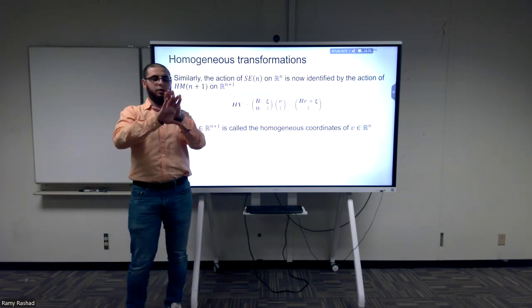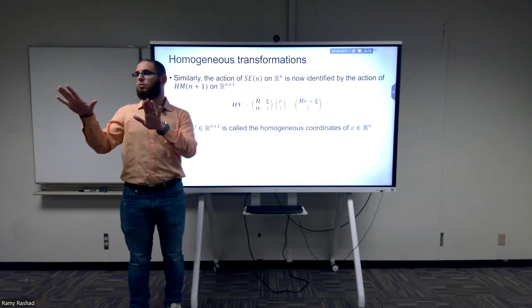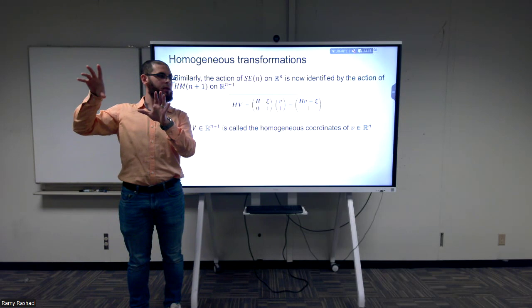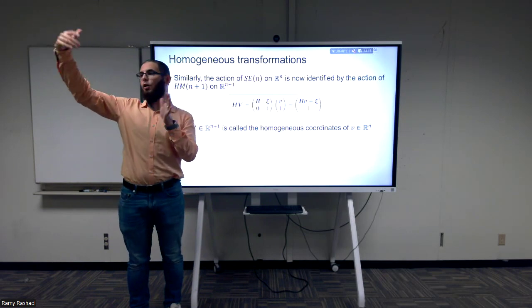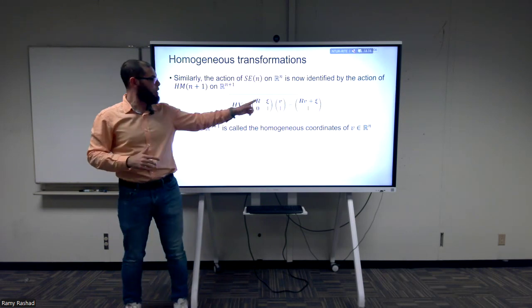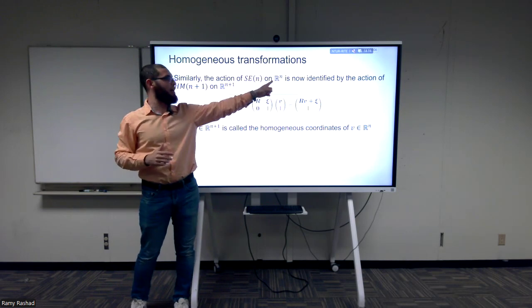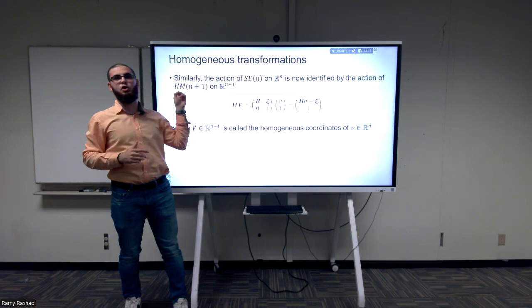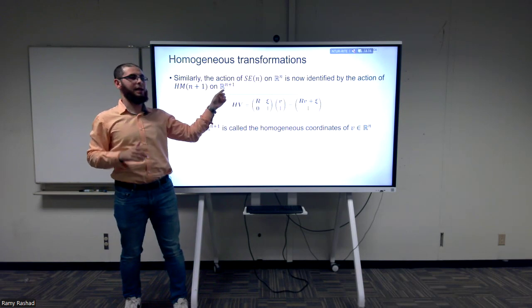But you remember we said that actions of SO3 and actions of isometries are actions on Rn, and now I went to a higher dimension. So how can we solve that problem? We also take vectors. The action that we had of SEn on Rn, we can also represent as actions of these homogeneous transformations on n+1.